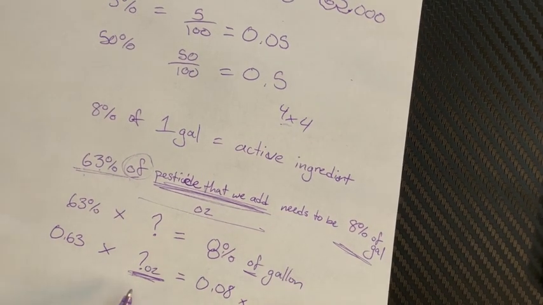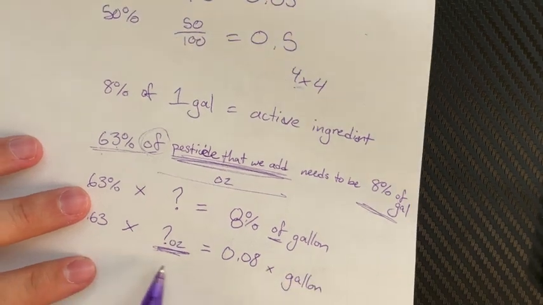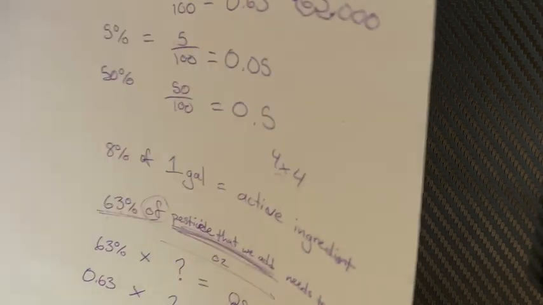So we want to find out how many ounces of pesticide we need to add, so that's our answer.